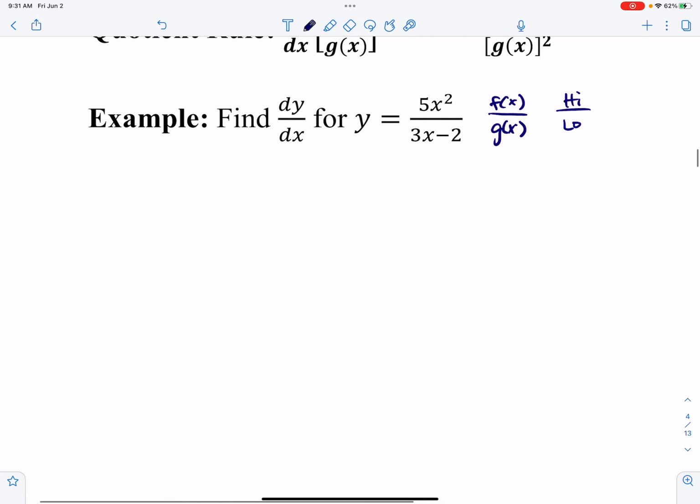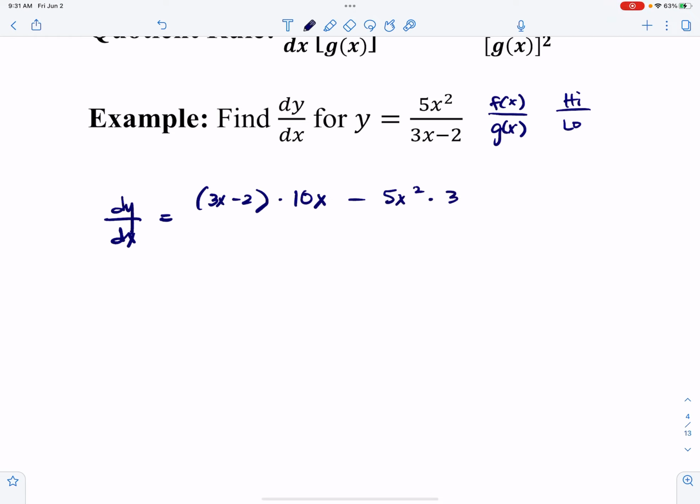Okay, so dy over dx will be low, d high, which would be 10x, minus low d high minus high d low would be just times 3, all over low low.